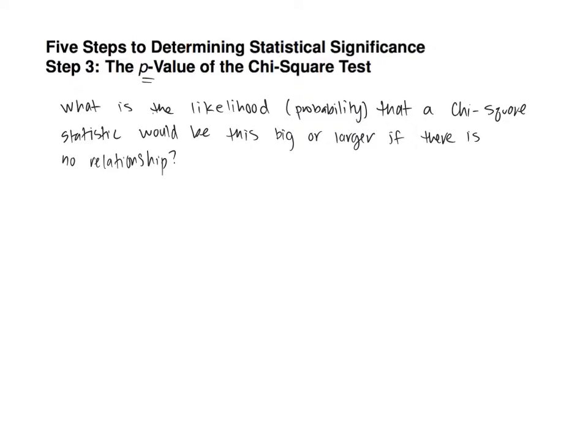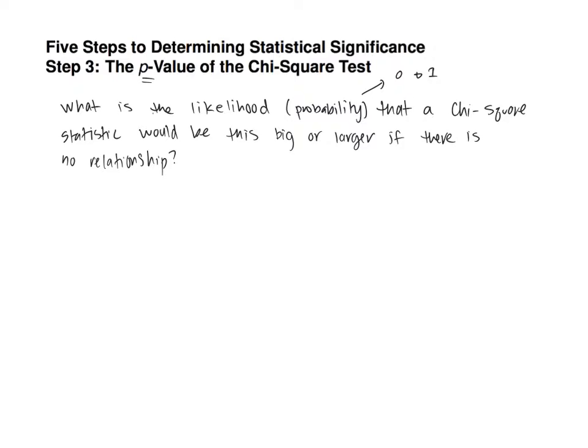Do you guys know some basics about probability? Like, what numbers must probabilities be between? 0 and 1. So probabilities are between 0 and 1. 1 means 100% certainty, right? 0 means no probability, as in not at all.